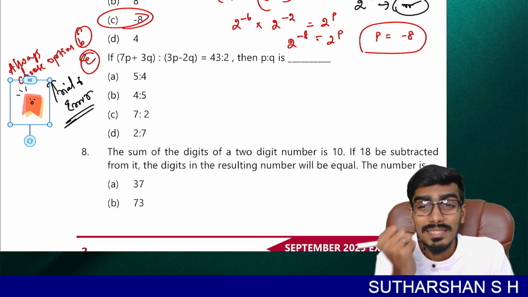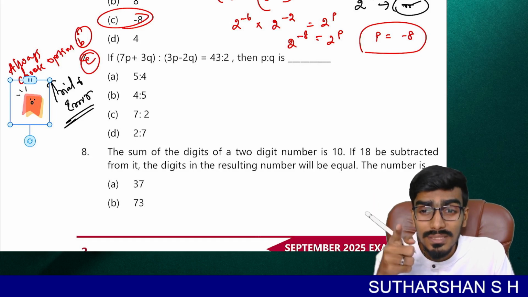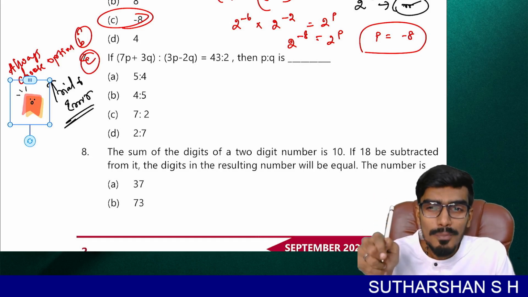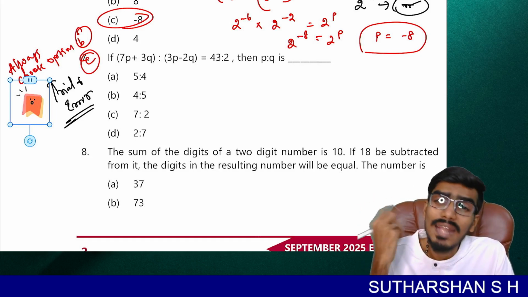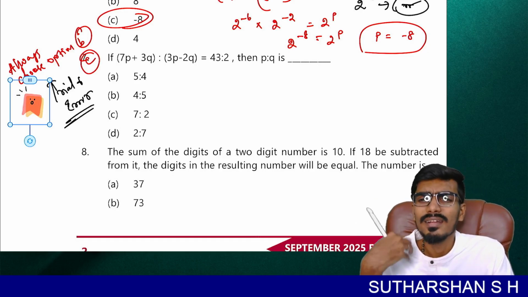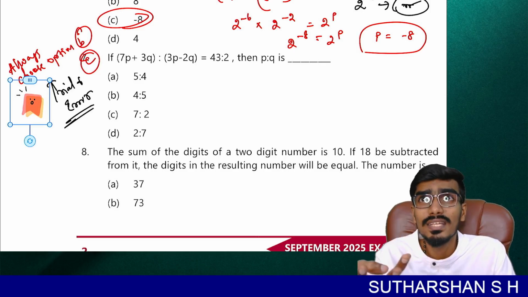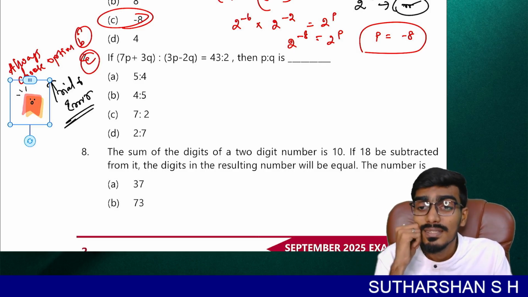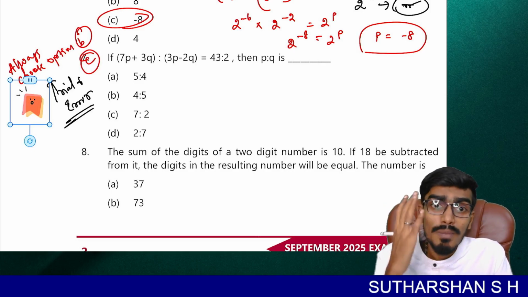Most paper setters will keep their answer in B or C, rarely D, and sometimes A. Rarely in A, rarely in D. In 90% of cases, or on the safer side, 70% of questions will have the answer B or C. But don't go blindly with B and C.